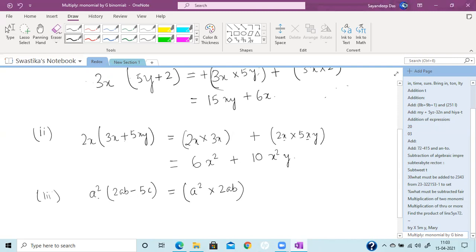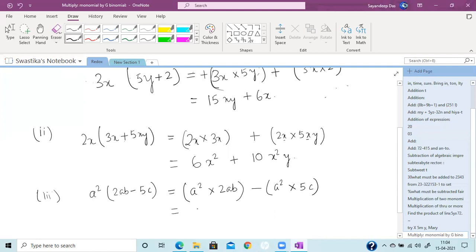But see the next term. According to the distributive law, you have multiplied a square into 2ab first. And now you have to multiply a square into 5c. But what about the sign? A square is plus and 5c is minus. So plus into minus is minus. So this sign will be minus.